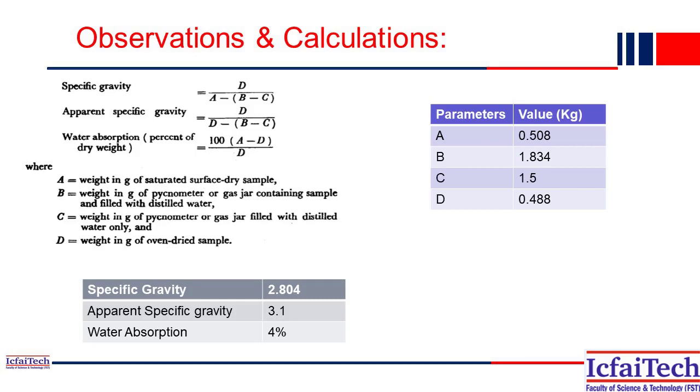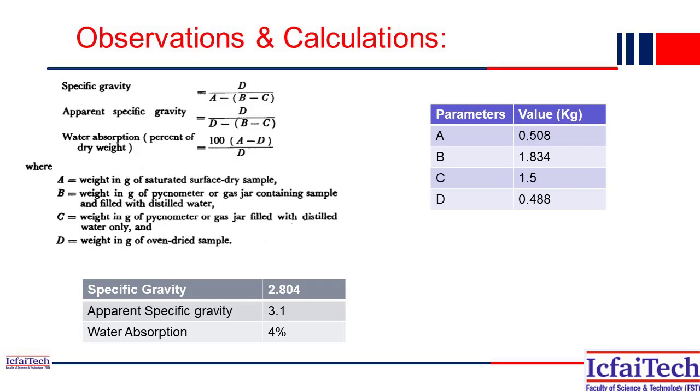C is the pycnometer plus only water, it is 1.5 kg, and D is the 24 hours oven dry sample, that is 0.488. So just plug in the values A, B, C, D in the equations and we get the specific gravity of the sample, which is 2.804, apparent specific gravity is 3.1, and the water absorption of the aggregate is 4%.